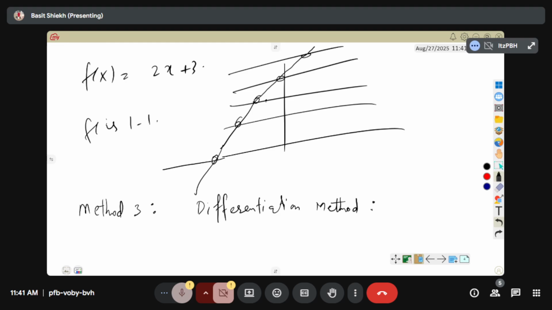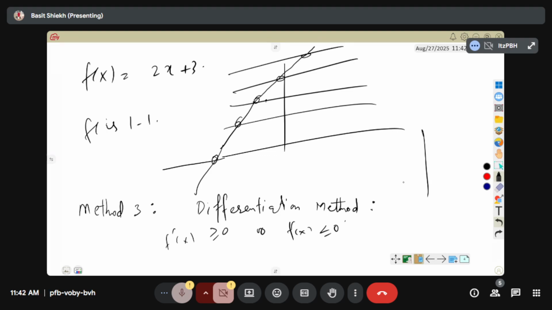If f dash x is greater than or equal to 0, or f dash x is less than or equal to 0 for all x belonging to the domain of definition, then in that case we say f is one-one. Why? Because it is strictly increasing or strictly decreasing.